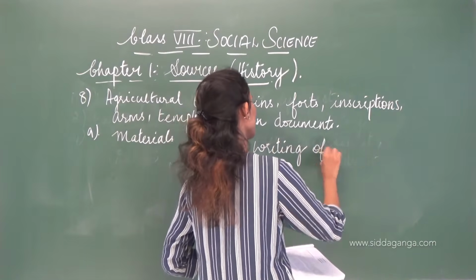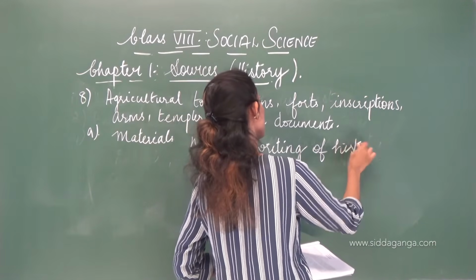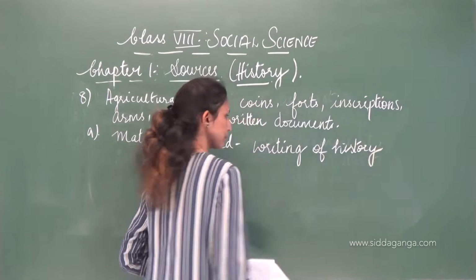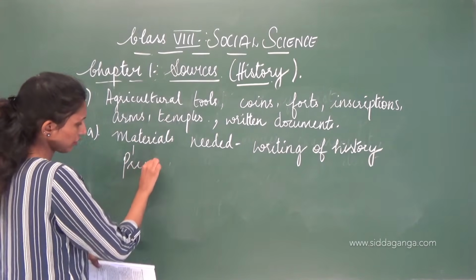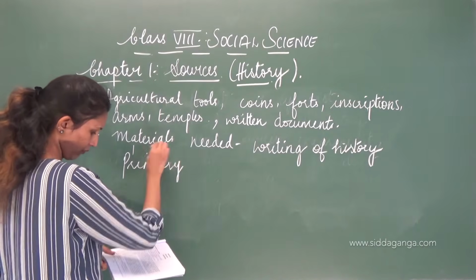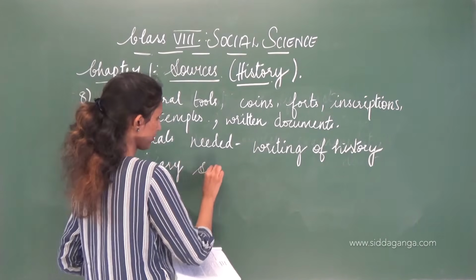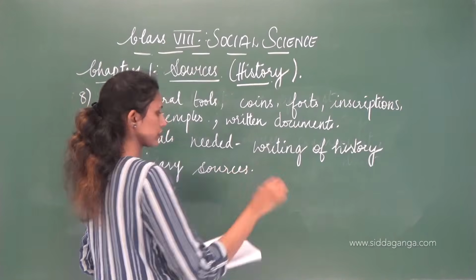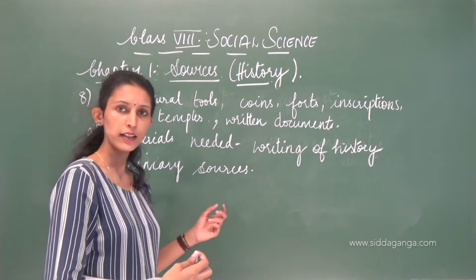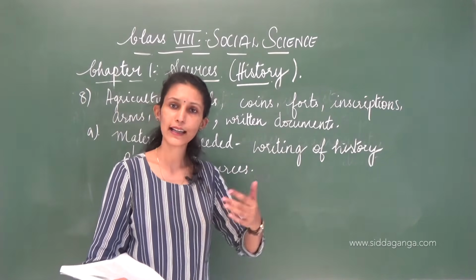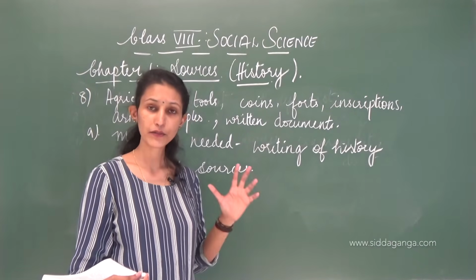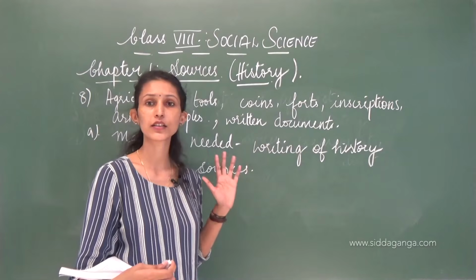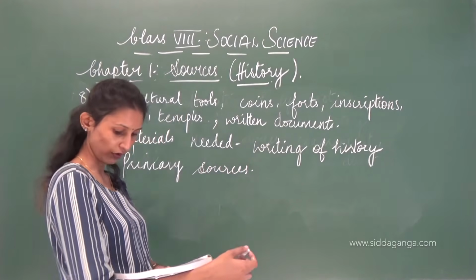In order to write history, the materials that you need, these sources are called primary sources. Now all that you collect is your primary source, and then whatever you write, whatever you assume is all secondary. Alright, first hand whatever you get is your primary source.